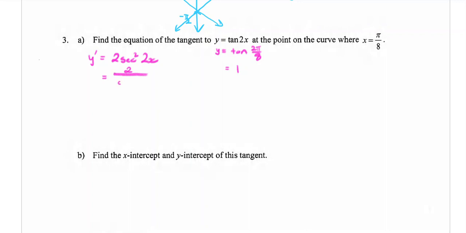So that will be 2 over cos squared of 2 pi over 8. When you're putting the squared into your calculator, you have to put brackets around the whole thing and put the squared on the outside.